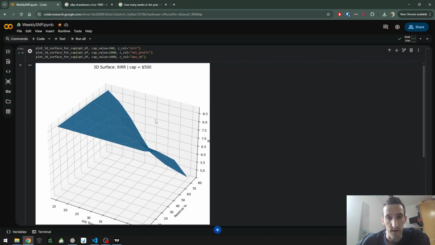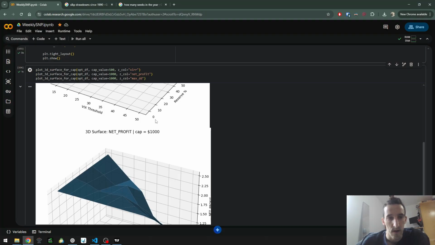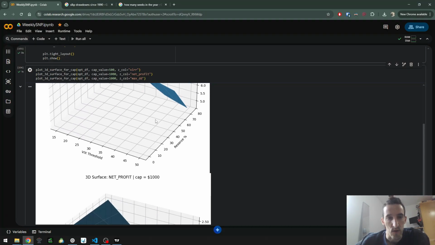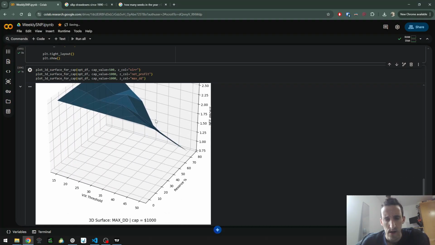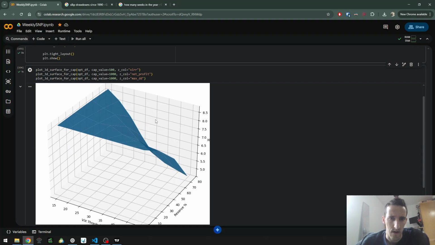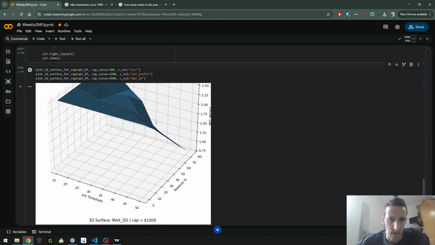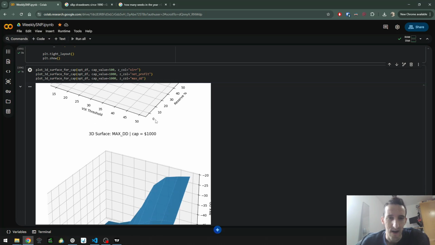Fixed threshold, reserve percentage. This is VIX threshold.